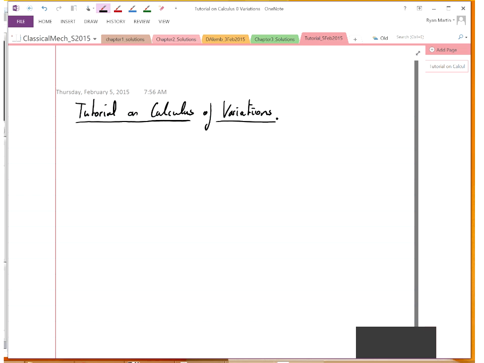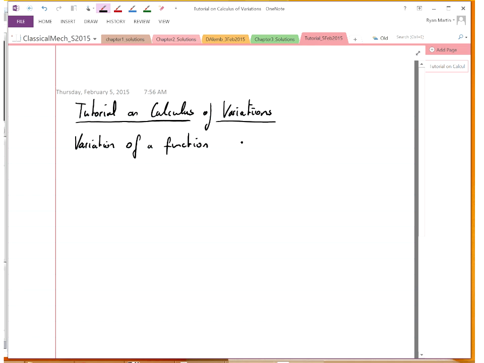Okay. So let's start with maybe a few definitions. So the variation of a function y of x, so delta y, which we call the variation of y of x, is defined to be epsilon times some small function phi of x.